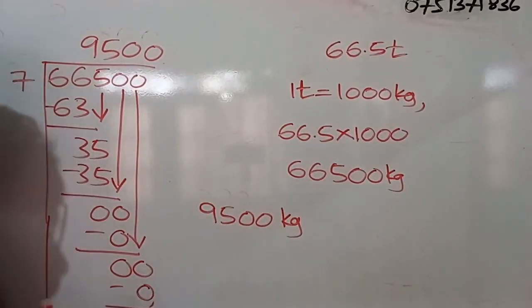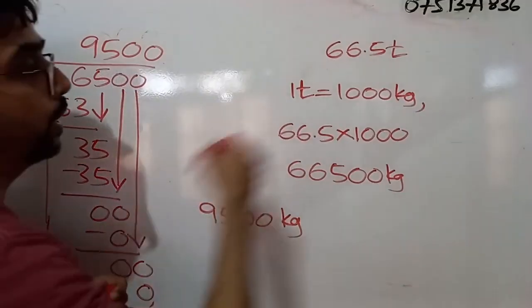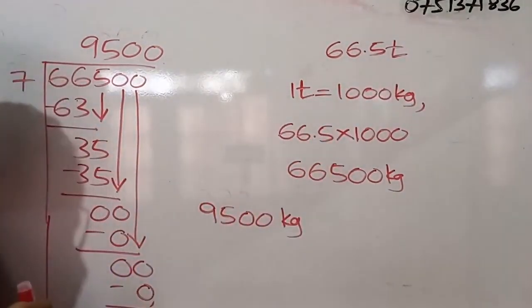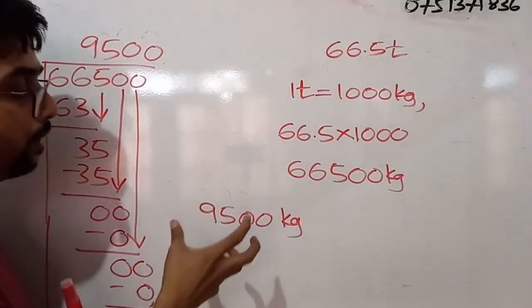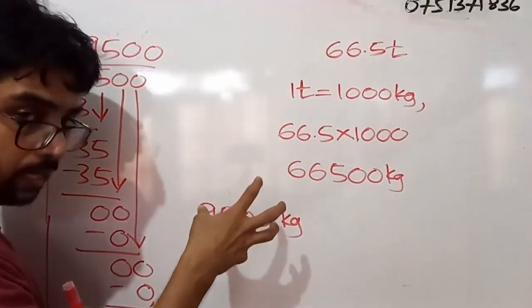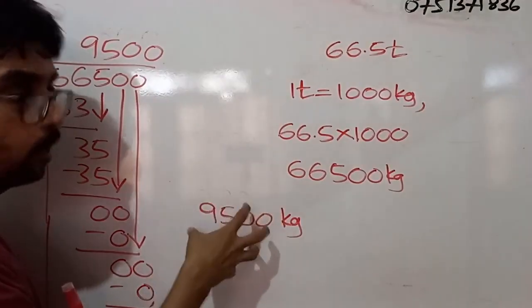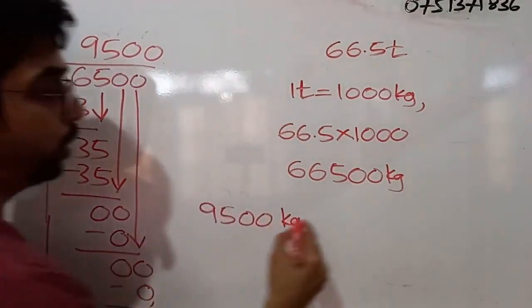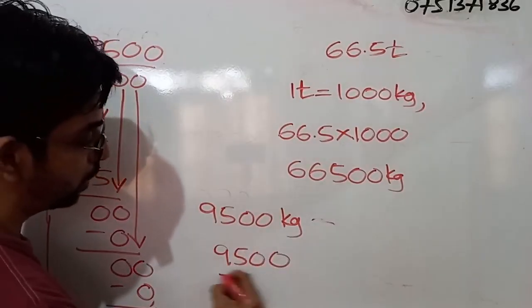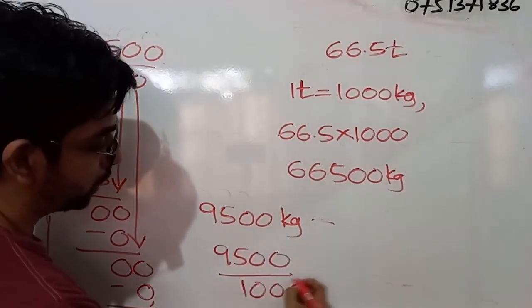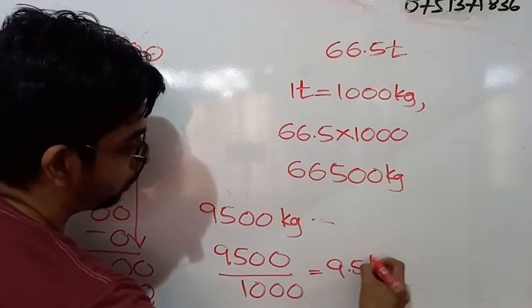Another good thing that we can do, since the mass is given to us in tons, is to convert this amount of mass from kilograms into tons. So we divide 9,500 by 1000. Then what do we get? 9.5 tons.